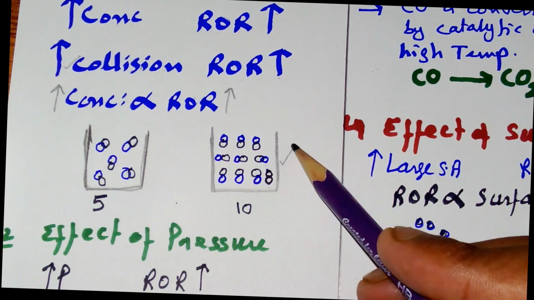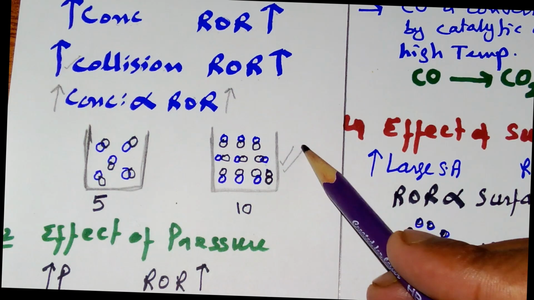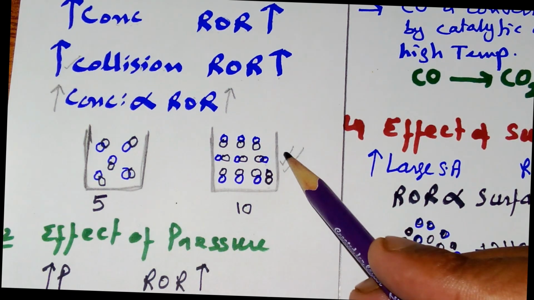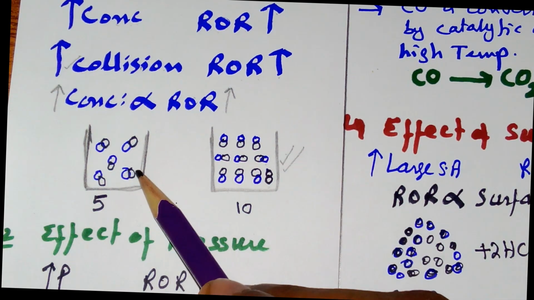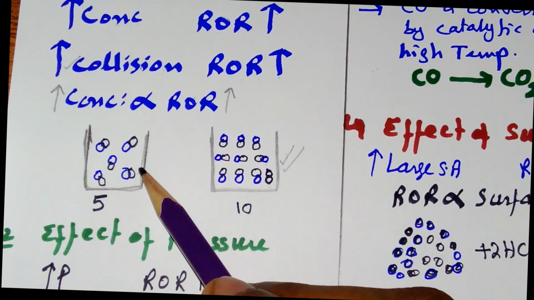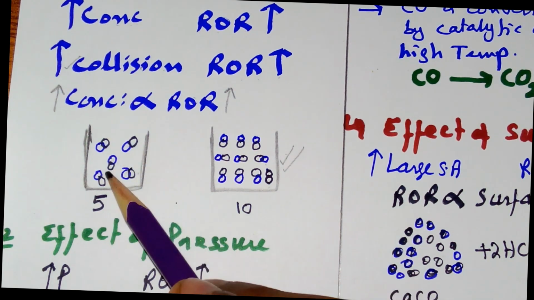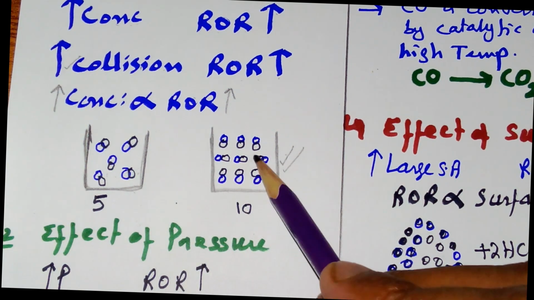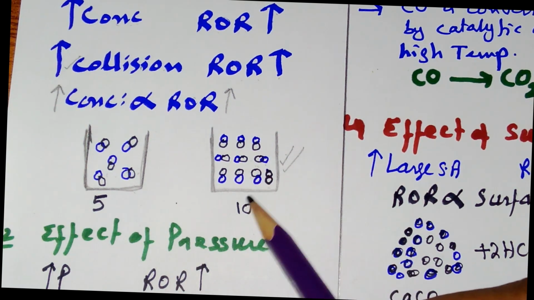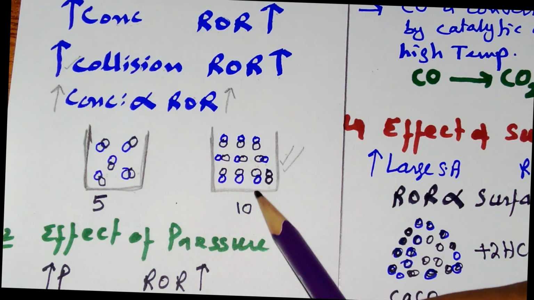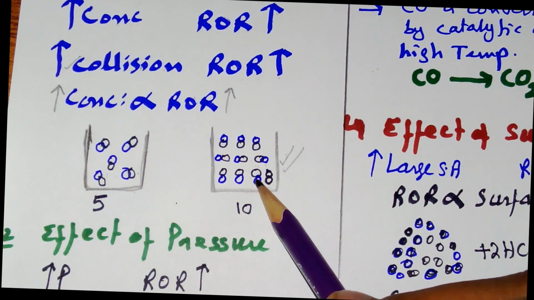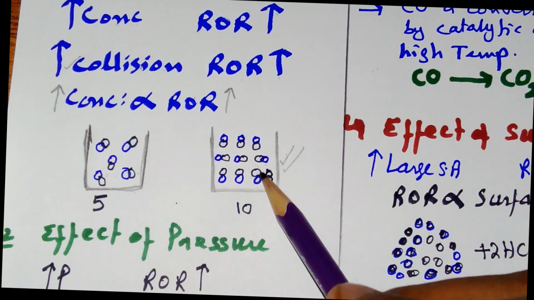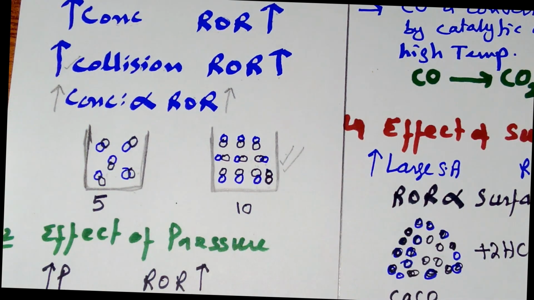So here the possibility is greater for a greater number of collisions, and here there will be few collisions, because the number of molecules is very small, and here the number of molecules is very large. So this container has the maximum number of collisions, so this has the higher rate of the reaction.